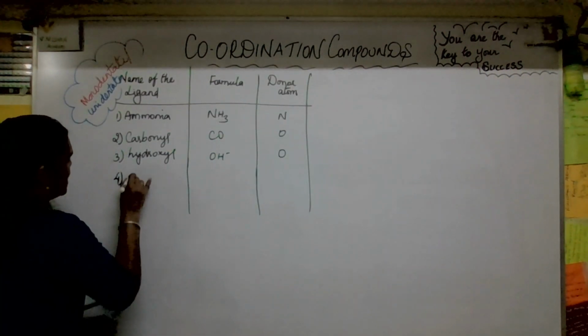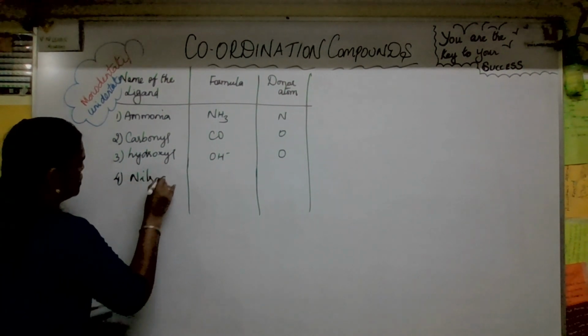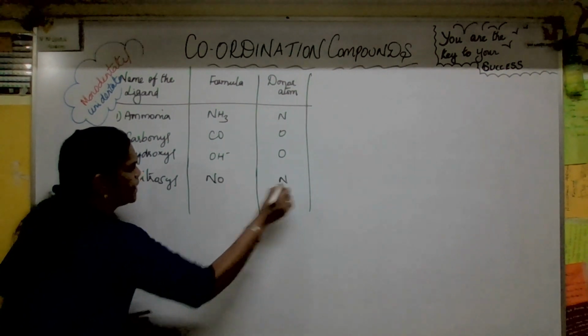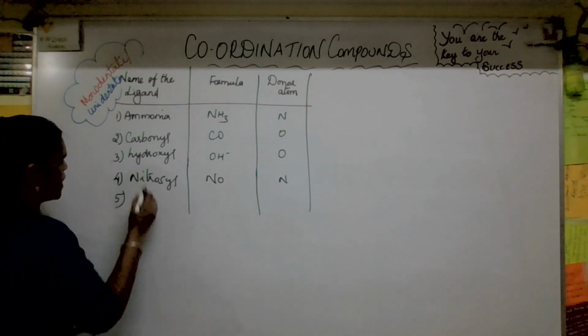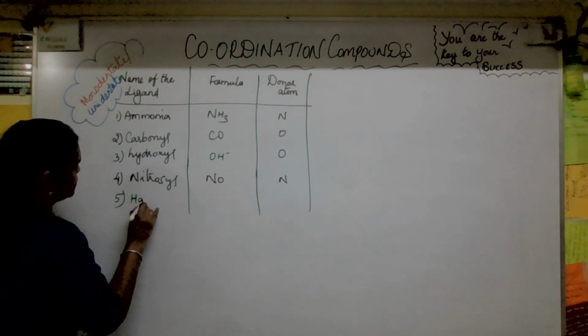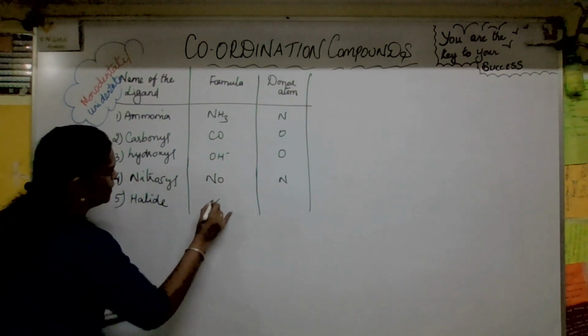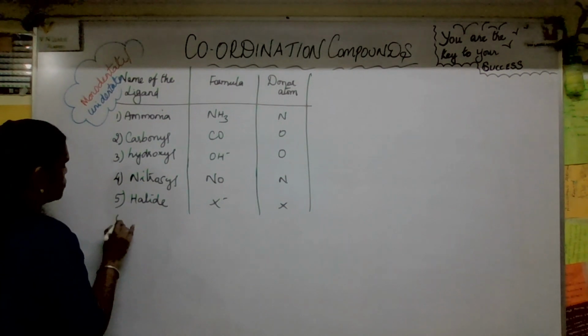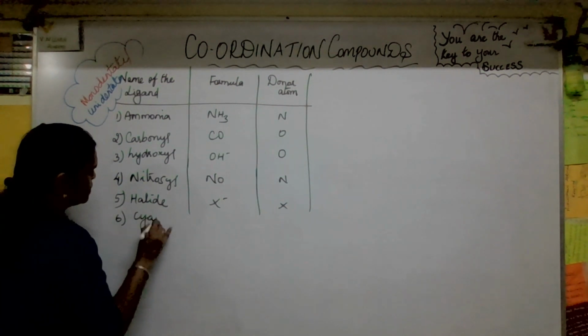Next one, nitrosyl, NO, donor atom nitrogen. Next one, halide, X minus, of course the halogen is the donor atom. Next one, cyanide.